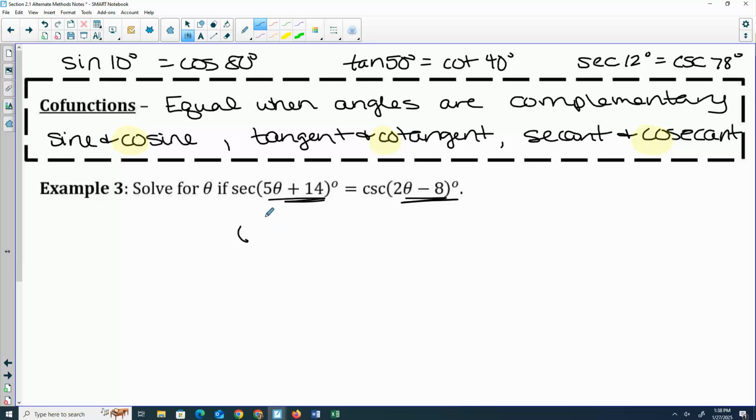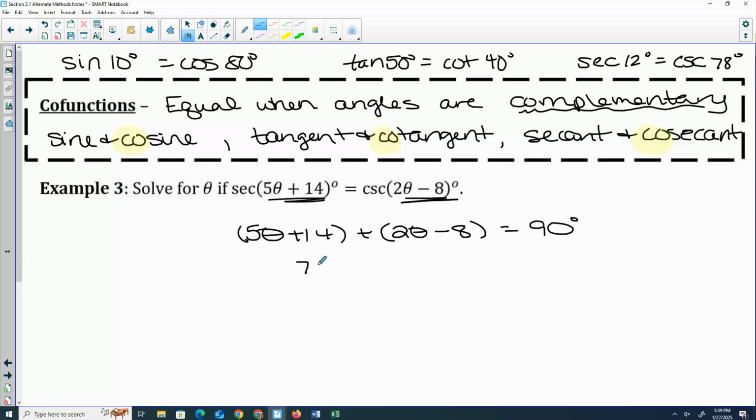Not equal. When are the cofunctions equal? When the angles are complementary. So I know these two angles will add up to 90 degrees. So if I solve that, 7 theta plus 6 equals 90, so 7 theta equals 84.